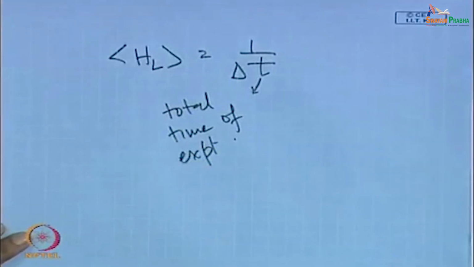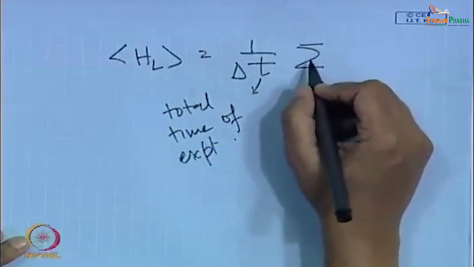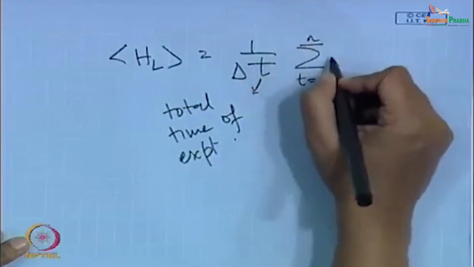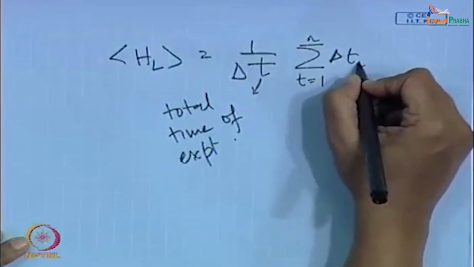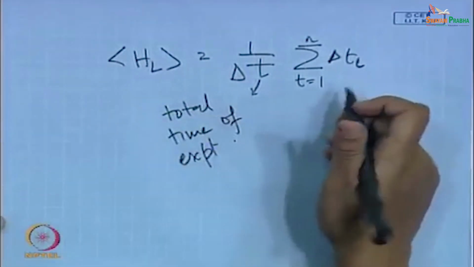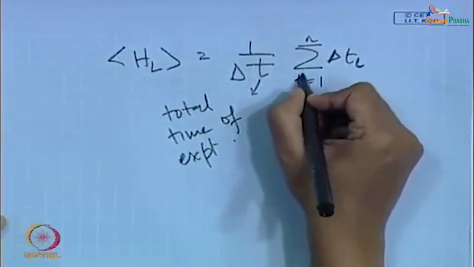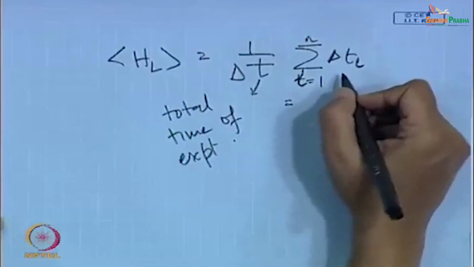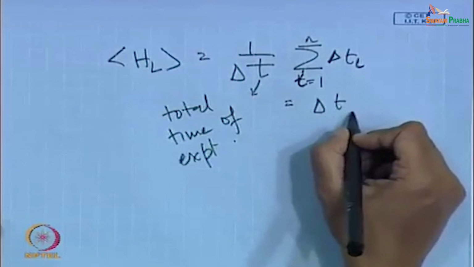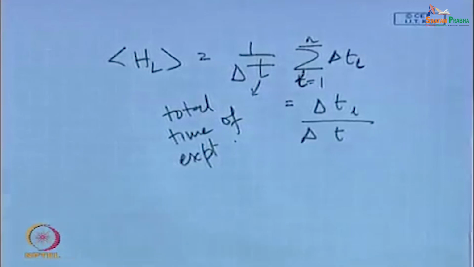So, 1 by T sigma i equals 1 to n delta T_L. Or in other words, this gives you delta T_L by delta T, the total time of experiments.